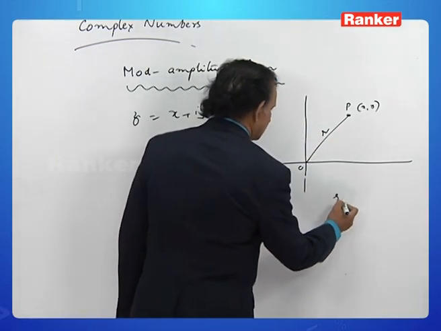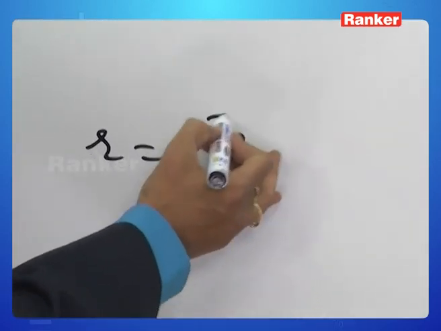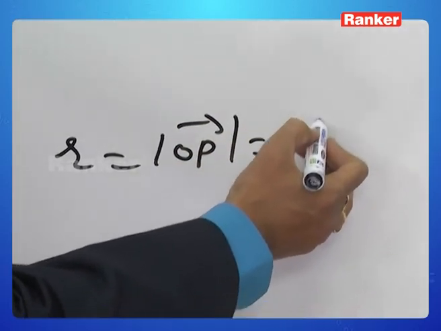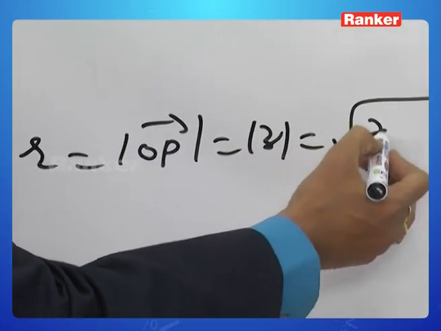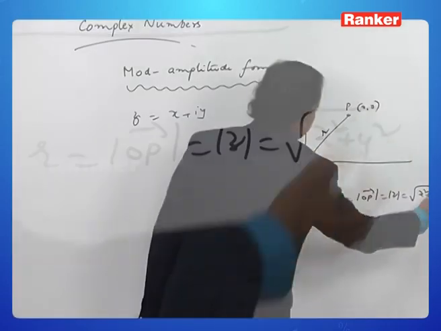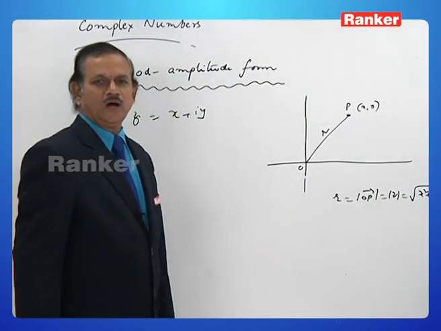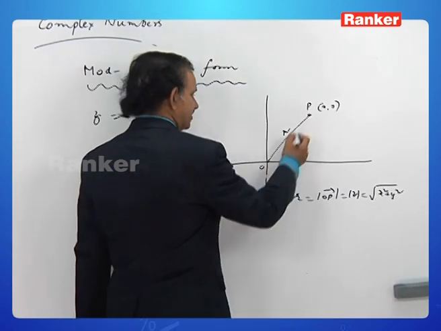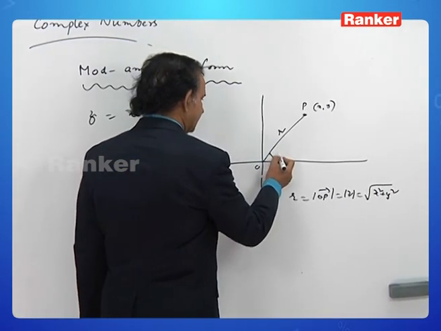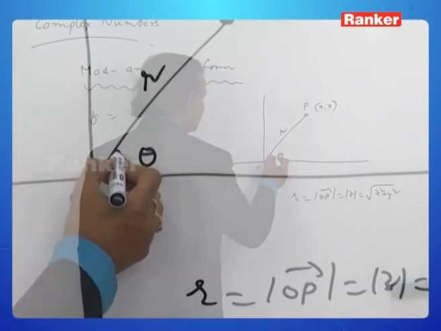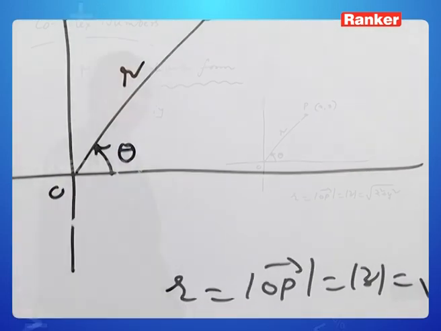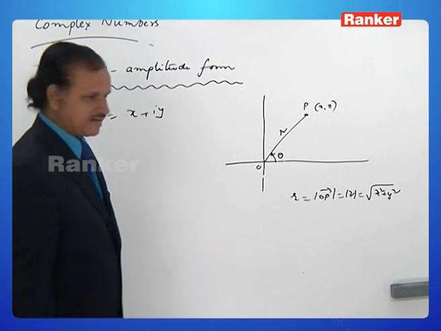That is, r is equal to mod OP bar, equal to mod z, equal to root of x square plus y square. Let this vector OP make an angle theta with the x-axis in the positive direction.